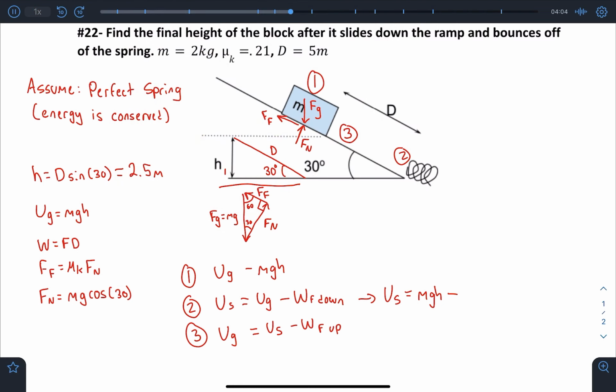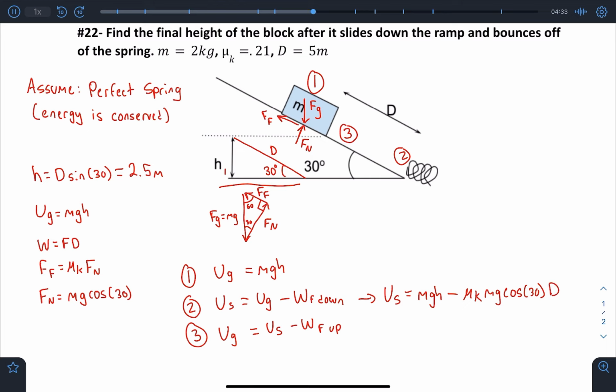We know that work is force times distance, and our frictional force is the coefficient of kinetic friction times our normal force. And so we can write that out as mu sub k times mg cosine of 30 times d.